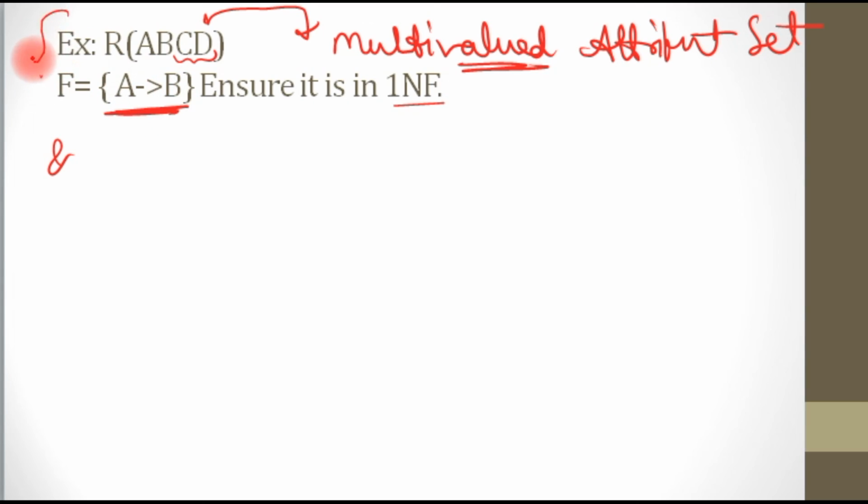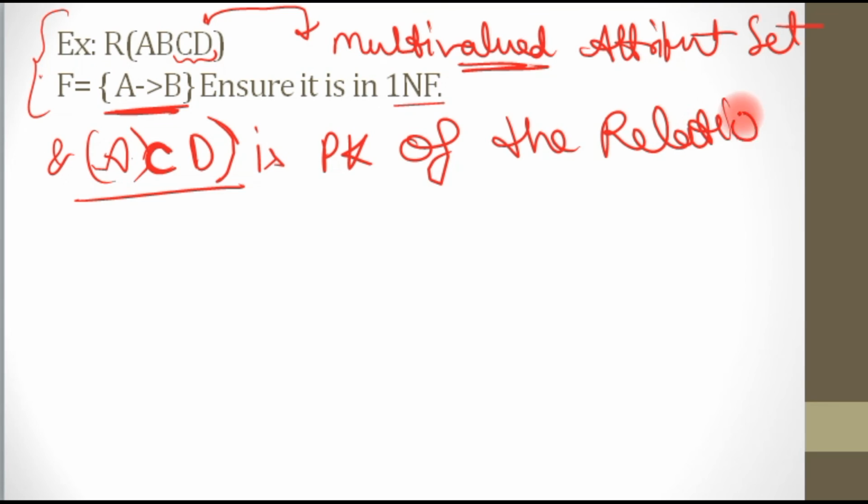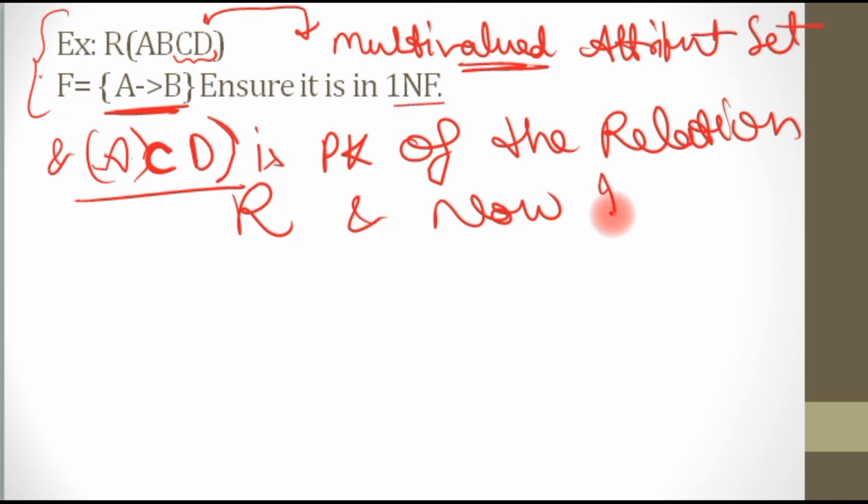So if you see this example, in this relation, A is the candidate key for now, which does not determine C and D. So that's why C and D must be part of this primary key A, and hence we have ACD as the primary key of the relation R. And now it is in first NF.